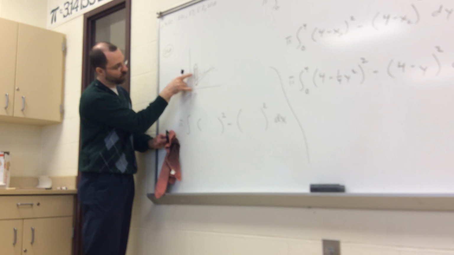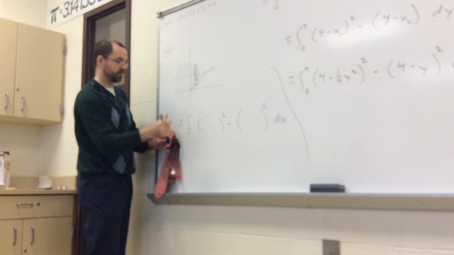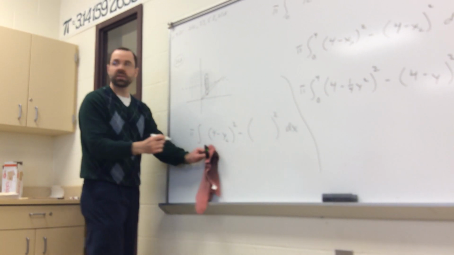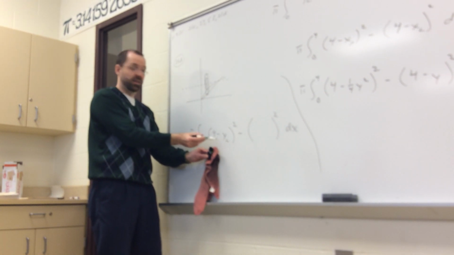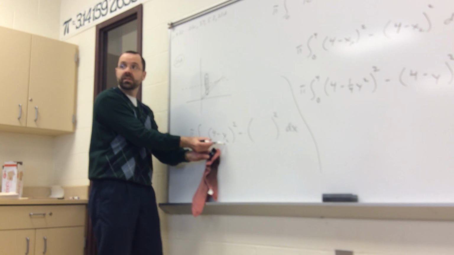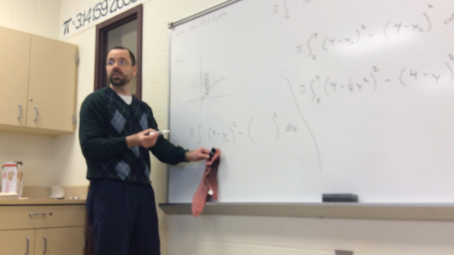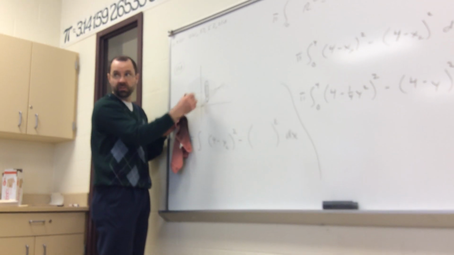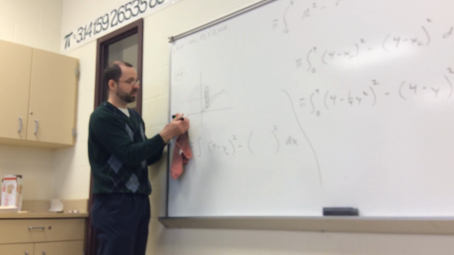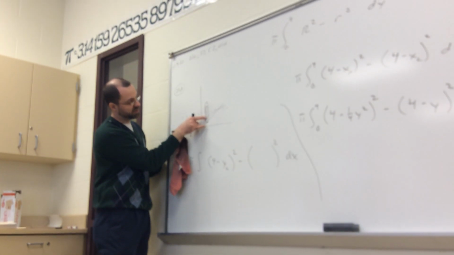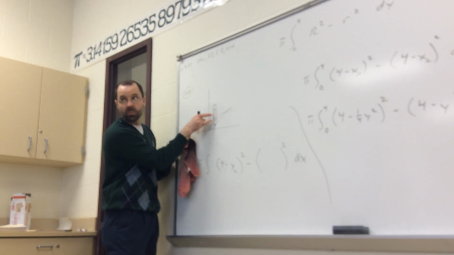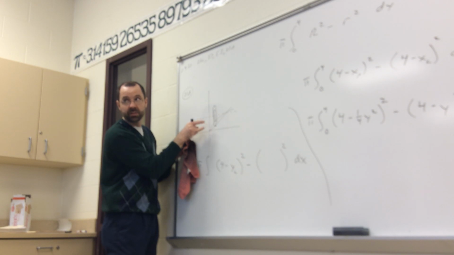So this distance is 4 minus that y. So I'm saying 4 minus the y of the line here. And then the smaller radius has to do with the curve, or the parabola. This distance is the y of the parabola. So that distance is 4 minus y of the parabola.